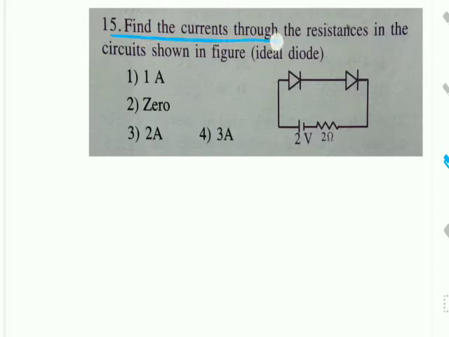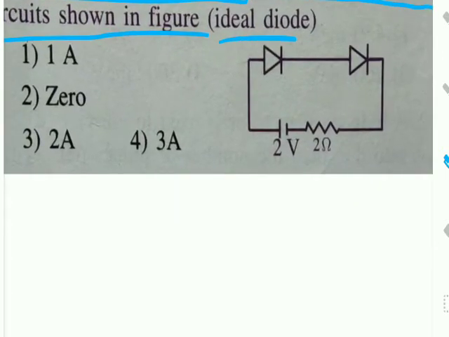Find the current through the resistance in the circuit shown in the figure. Ideal diode. Here given ideal diode. Ideal diode means resistance is equal to 0, the internal resistance of the diode is equal to 0. From this figure, potential is 2 volts, resistance 2 ohms.